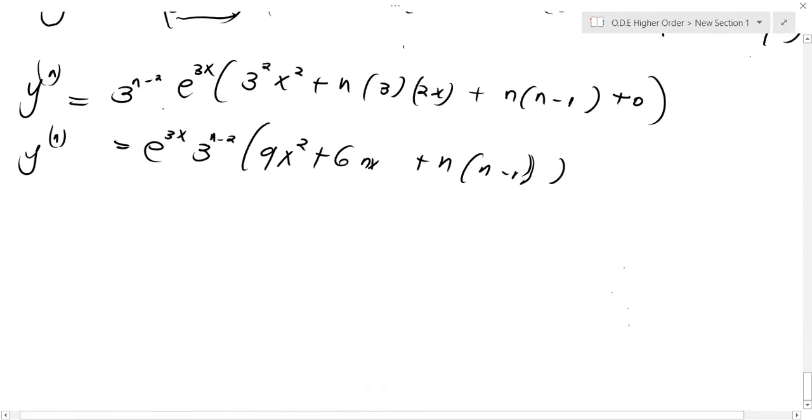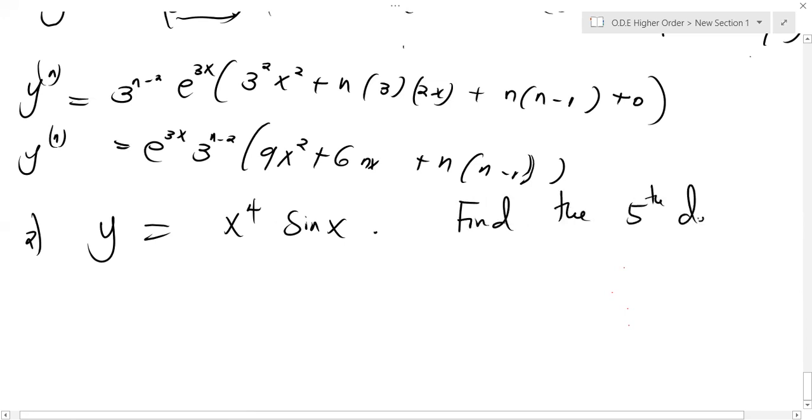So let's have it as our example number 2. Find the fifth derivative of this.